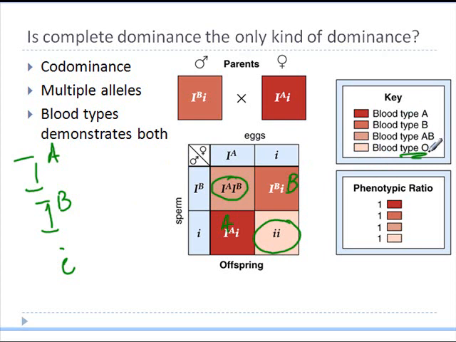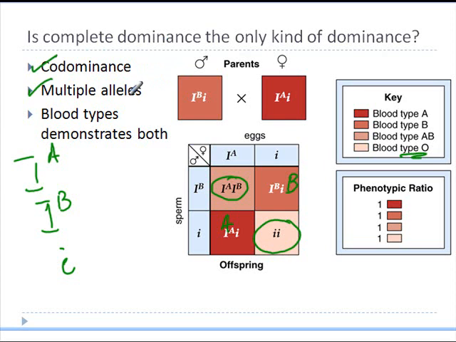And when you are Rh positive, your red blood cells have a particular antigen, and when you are Rh negative, that antigen is absent; this is controlled by a single allelic pair in which simple dominance prevails. Rh positive is a dominant allele, while Rh negative is a recessive allele. So the inheritance of the ABO blood group in humans is an example of what we call codominance, and it gives you multiple alleles.